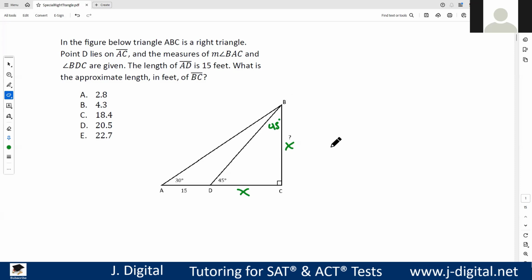Okay, we can use algebra to solve this. We can say tangent of 30 equals opposite over adjacent, so x over 15 plus x. Okay, multiply both sides by 15 plus x.